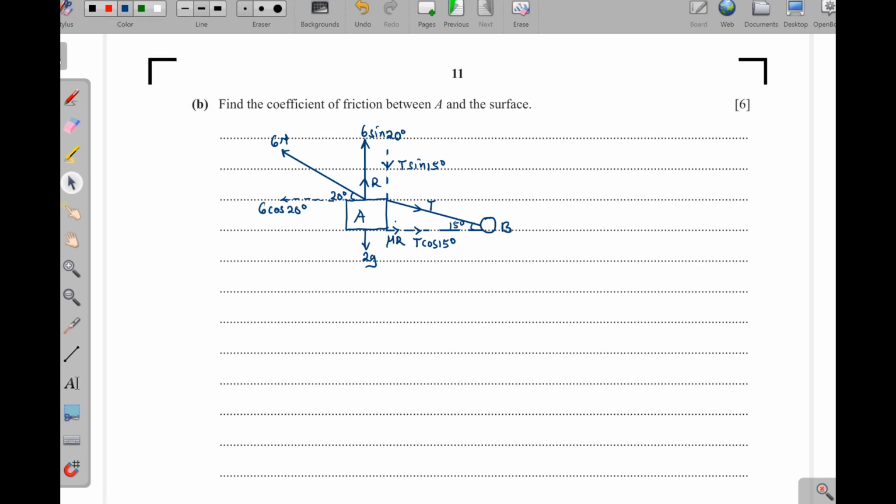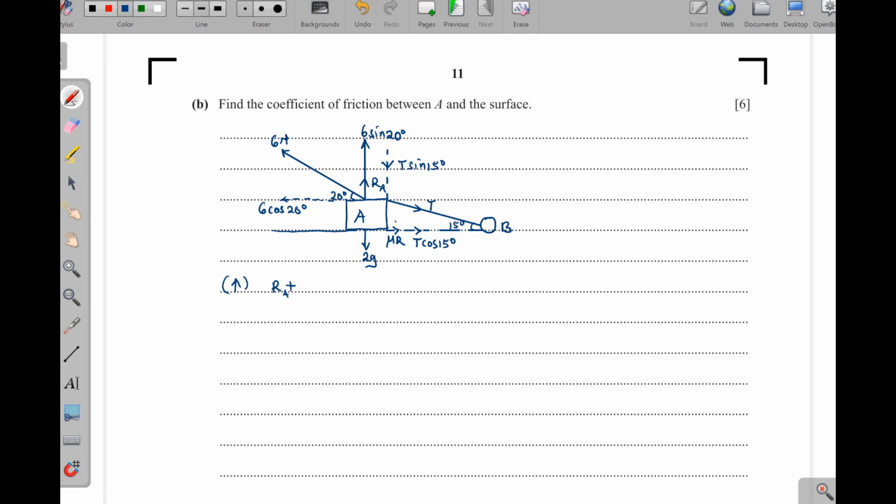You see that? So meaning the forces that are acting on A, since we don't have vertical motion, okay? Since we don't have vertical motion, so resolving forces vertically, the R here, that is the normal reaction on A. So I can even call it RA.